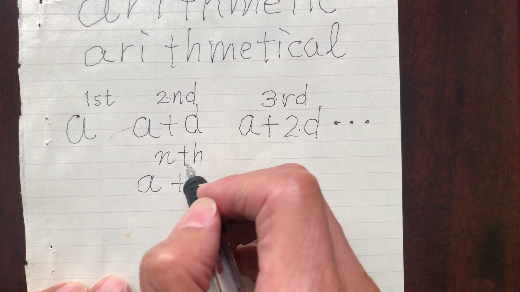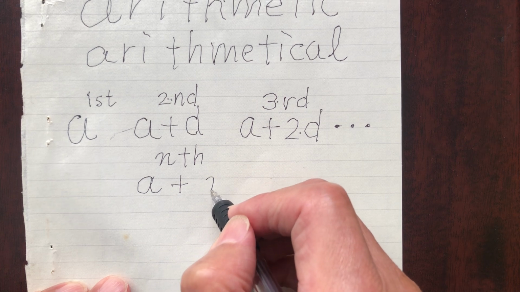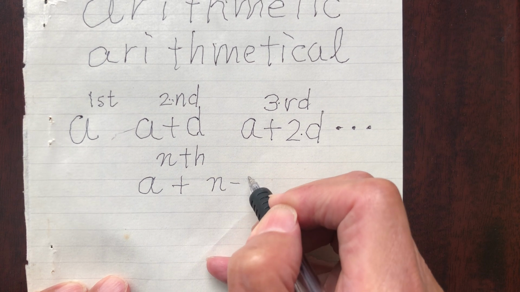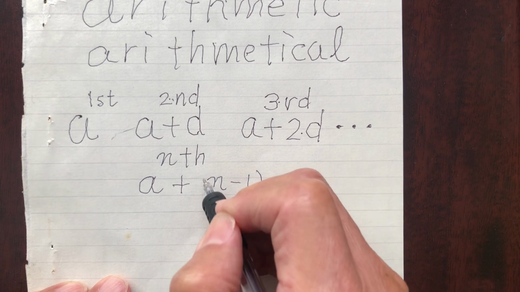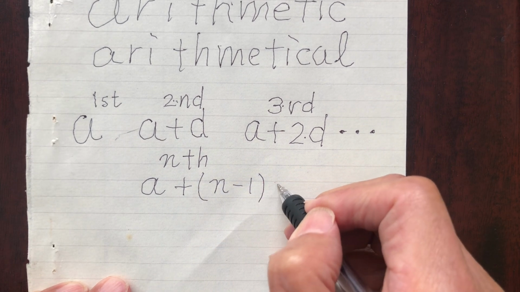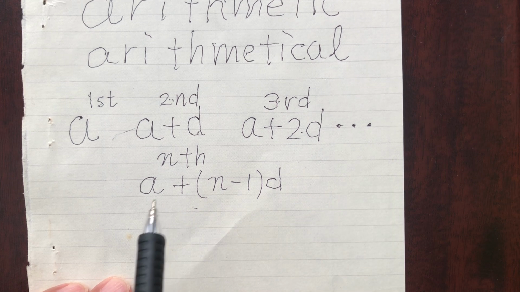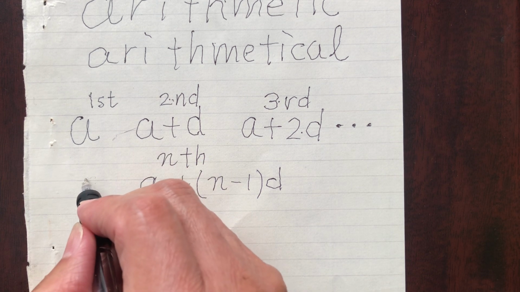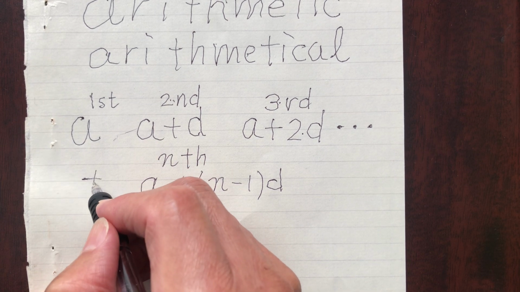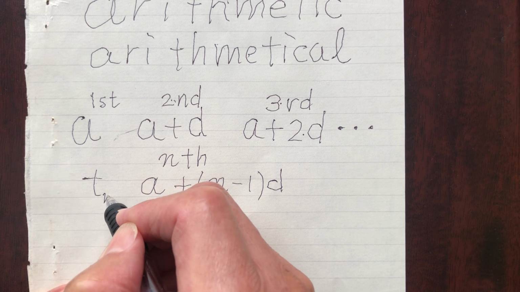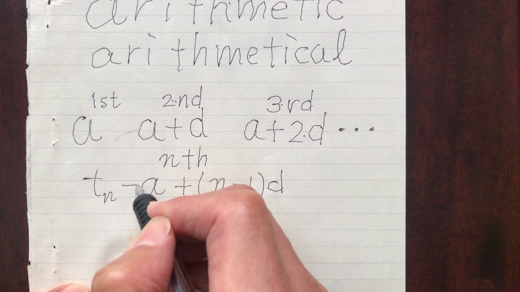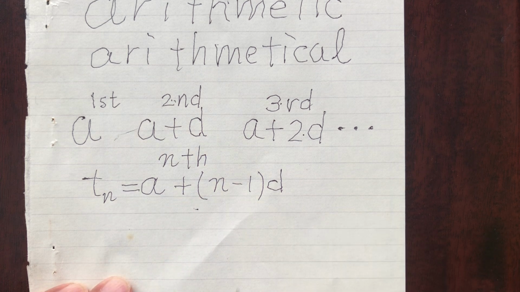So for the nth term, I add n minus 1 D. So, this is the general form of the nth term. Let me call this term Tn. Tn is given by this relation.